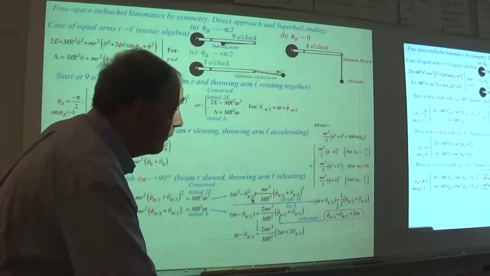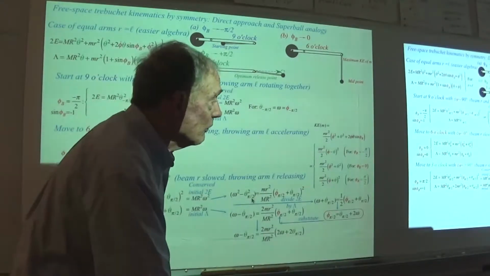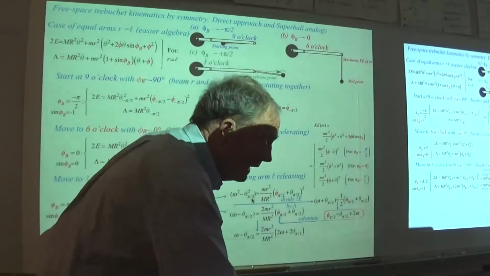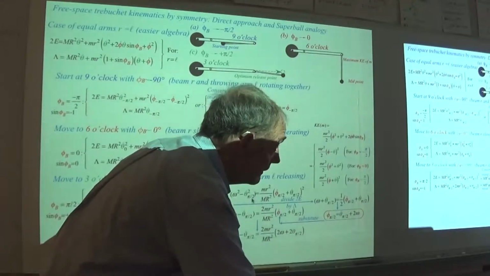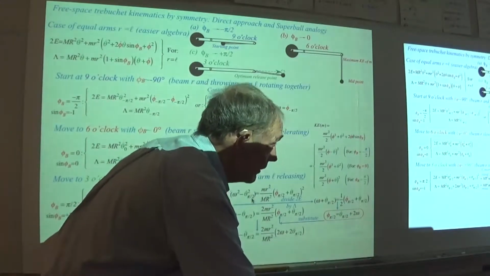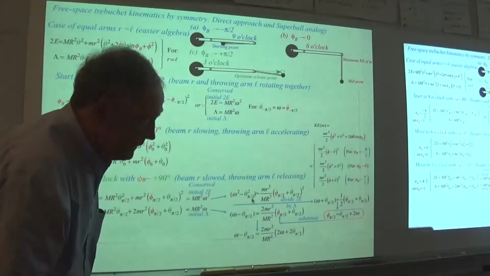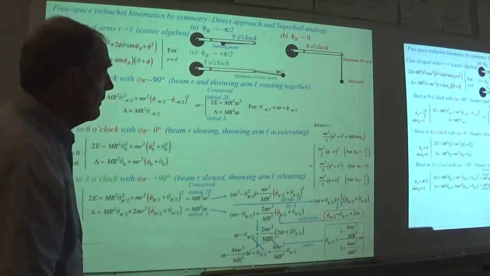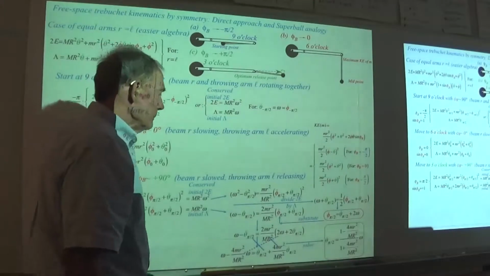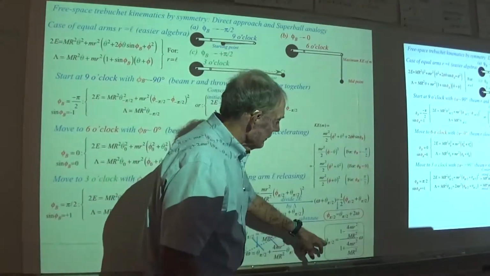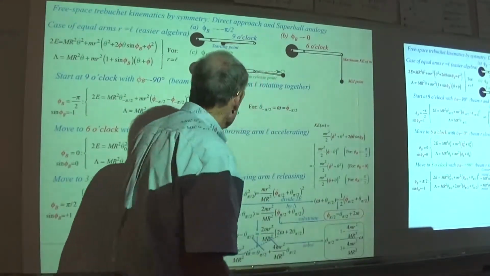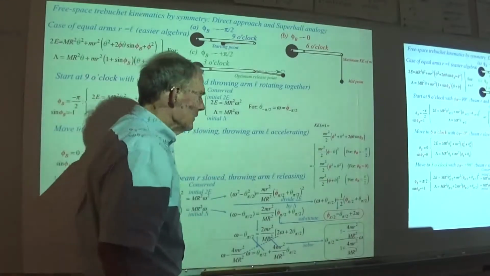So let's get that up there. And while we're at it, we can move a few terms around here and get the other relations that make this thing really work. So these are the sort of final results here. We have a final velocity of the throwing beam at this point, the green point.